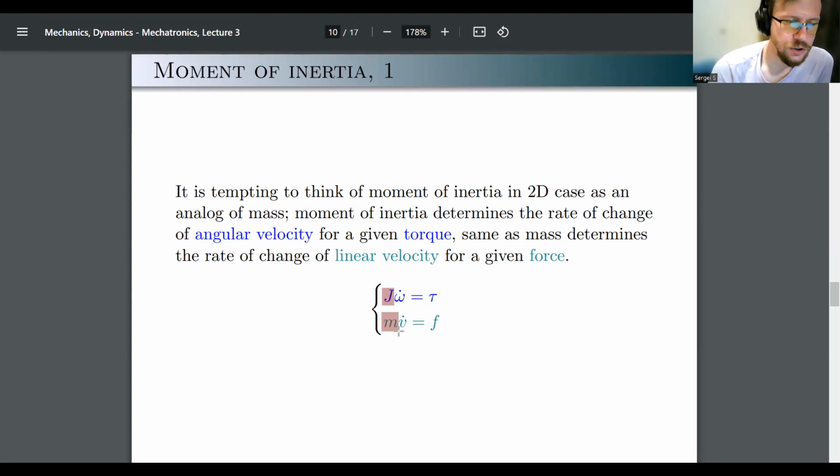So there is a direct analog. It is only in the 2D case. In the 3D case, it is not the same. In the 3D case, mass is still a scalar, while moment of inertia is a tensor. It is a symmetric 3 by 3 matrix. So we need to be careful about that.